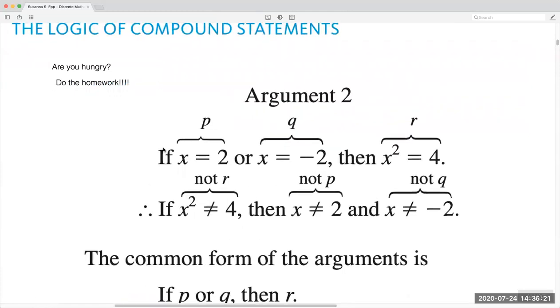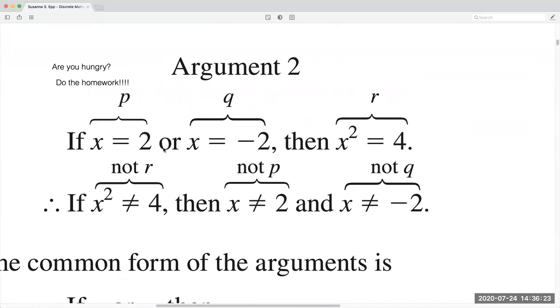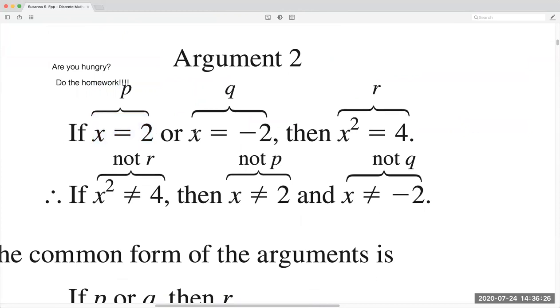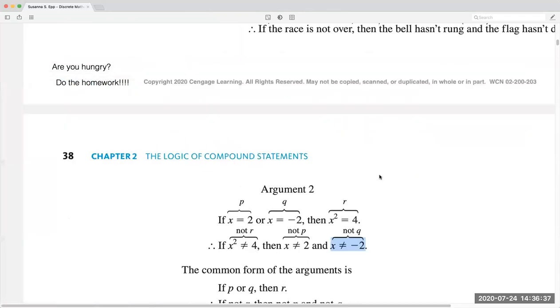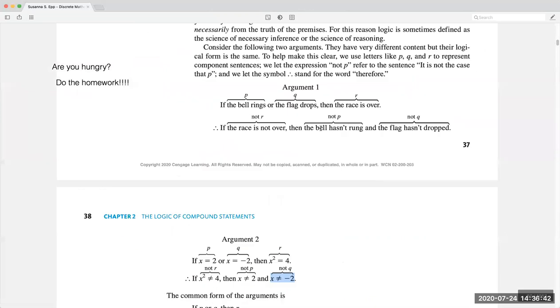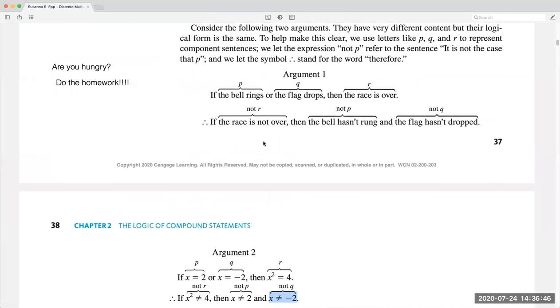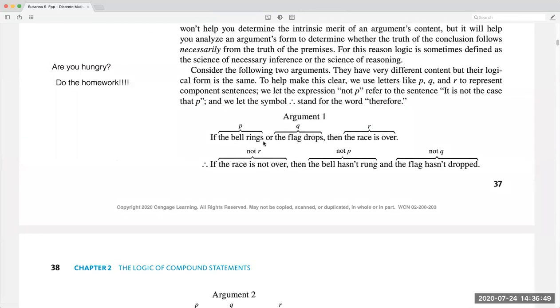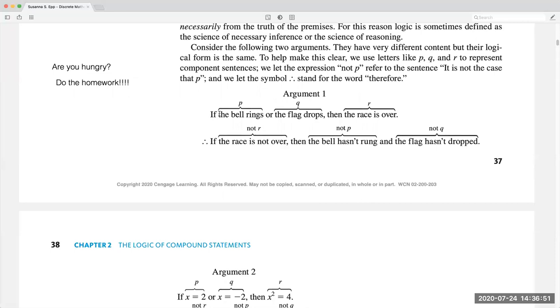I'll give you another example here. If x equals 2 or x equals -2, then x squared equals 4. If x squared is not equal to 4, then x is not equal to 2 and x is not equal to -2. Actually, you can see that argument 1 and argument 2 are quite similar. They have the same structure. By doing the logical analysis, it doesn't matter what the content of the sentence is.